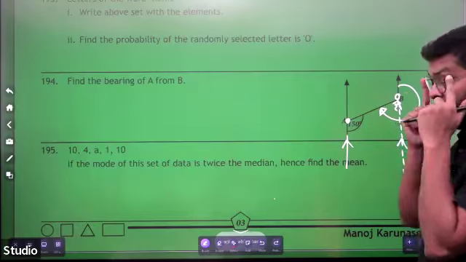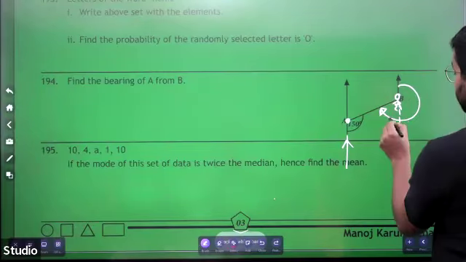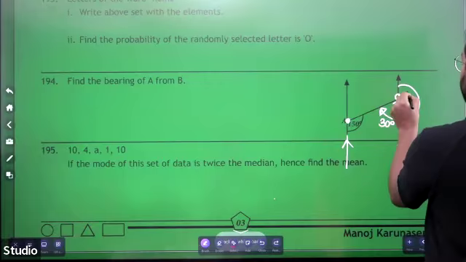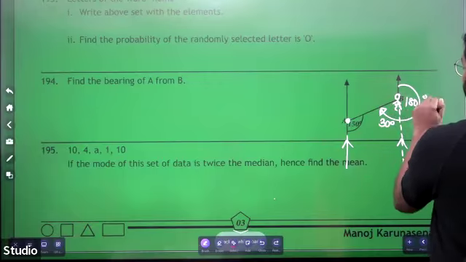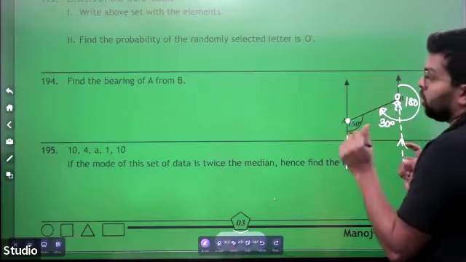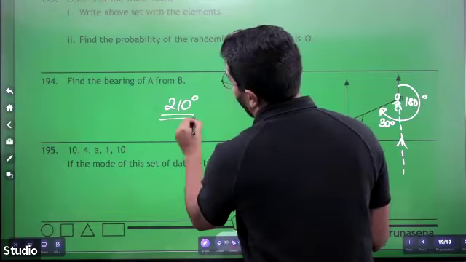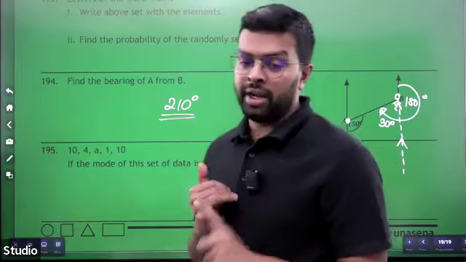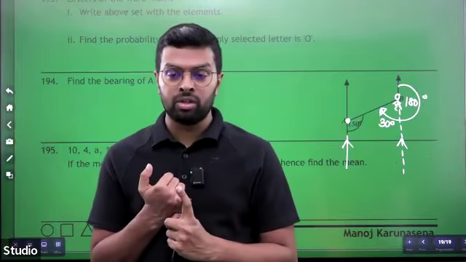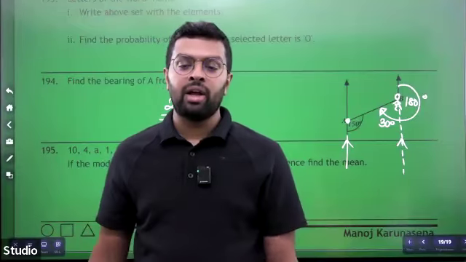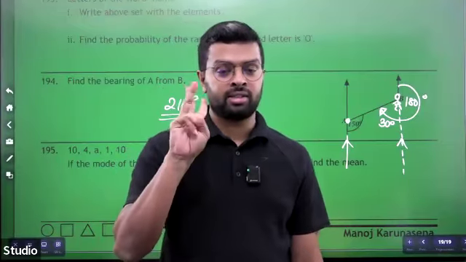The sum of allied angles within a pair of parallel lines is 180. This angle is 30 degrees. So this one is 180 degrees. 180 plus 30 is 210. So the bearing is 210 degrees. When we write a bearing, we have to start measuring from the north direction. We have to measure towards the clockwise direction, and the values should be written using 3 digits.